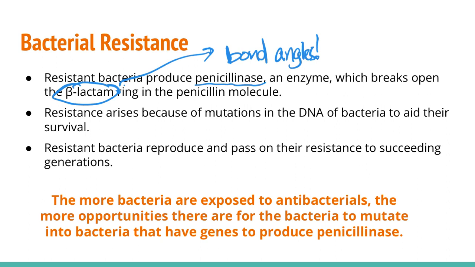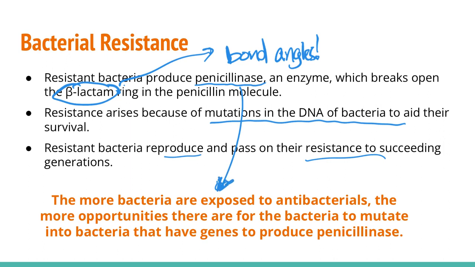And so resistance is going to arise because of mutations in the DNA of bacteria to aid their survival. And that resistant bacteria is going to reproduce and pass on their resistance to successive generations. And so bacteria get passed down with this penicillinase.